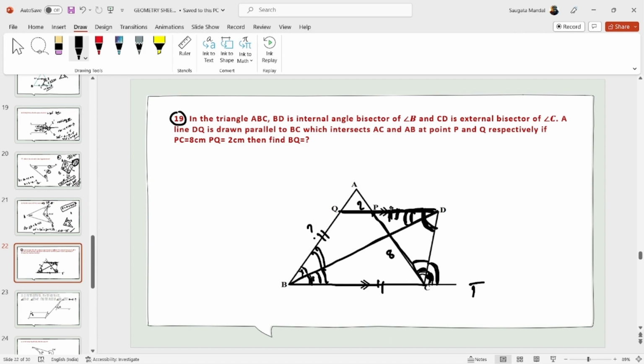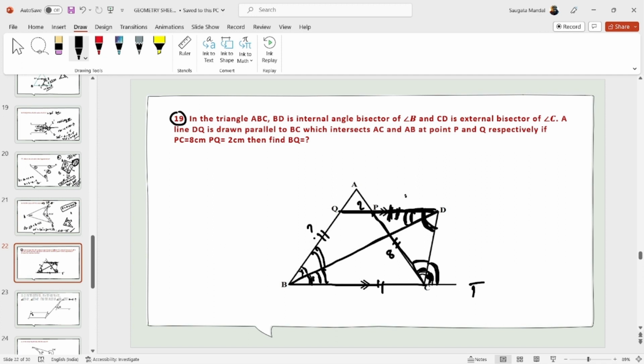So automatically two sides of this triangle are equal. That means the value of PC is equal to the value of PD.